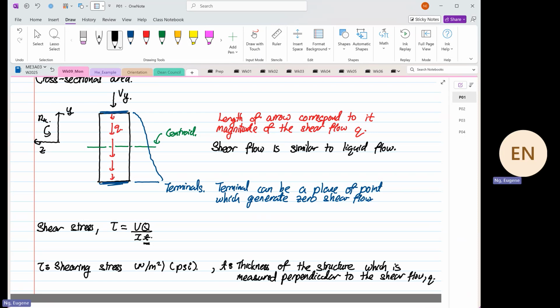So I'm going to extend this formula and I want you to see a trend.